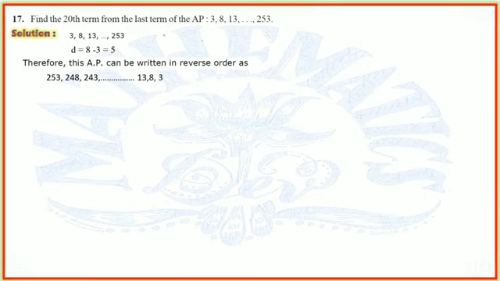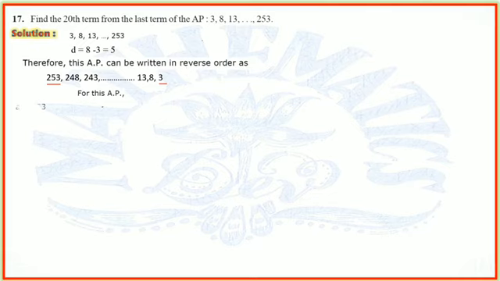Since the difference is 5, the next term would be 248, 243 and so on, subtracting 5 every time, then 13, 8, 3. So now the last term is 3 and the first term is 253 for this new AP which is written in reverse order.